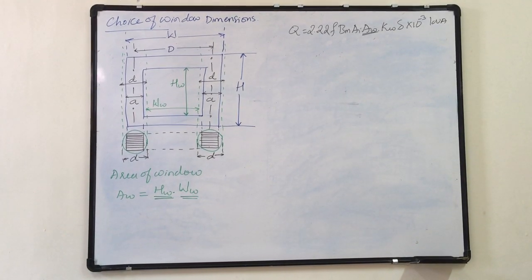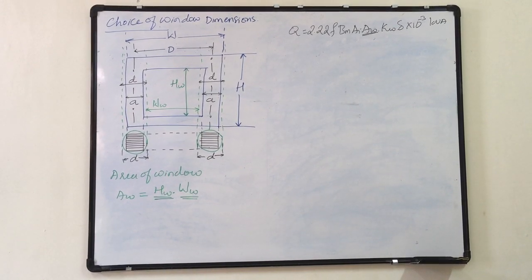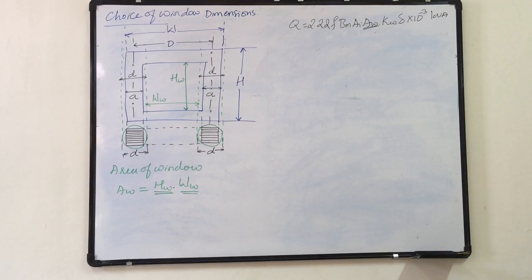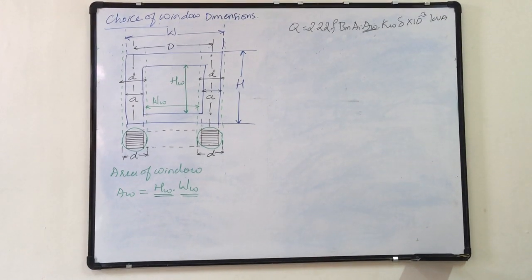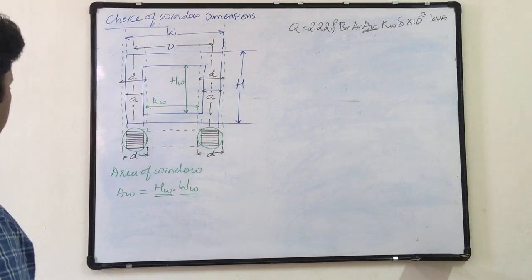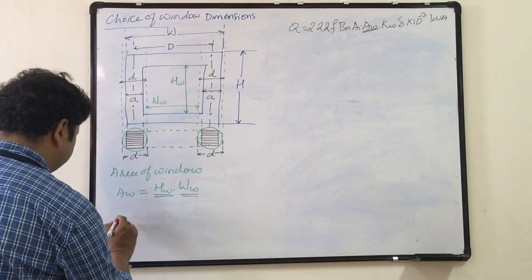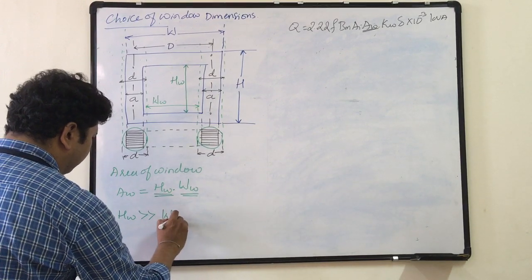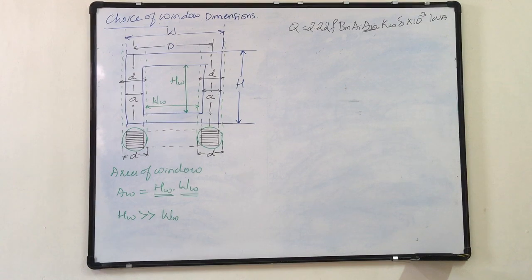Now first we will see what happens if I have the larger height when compared to the width. If height of window is larger than width of window, with this what will happen?